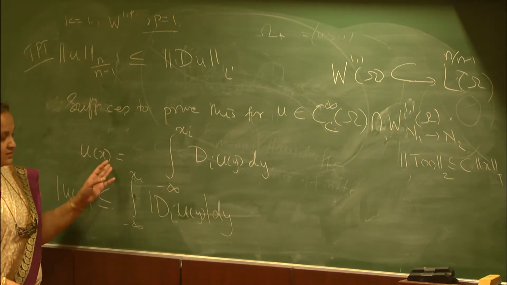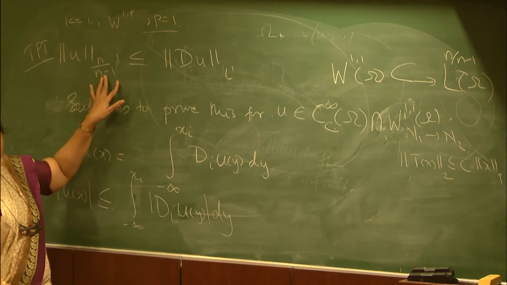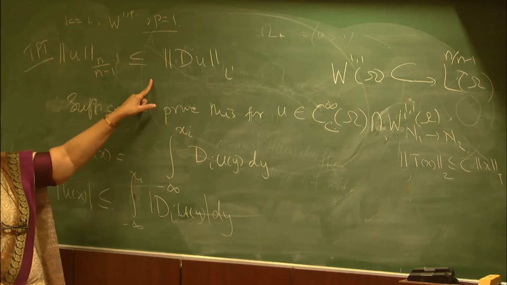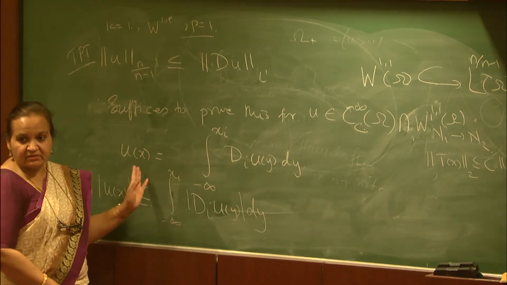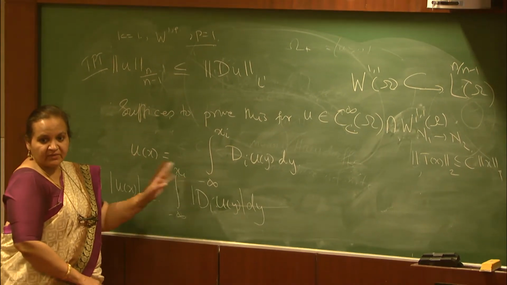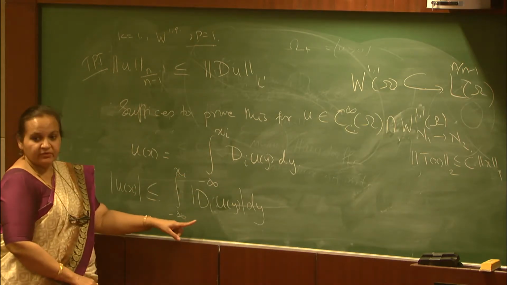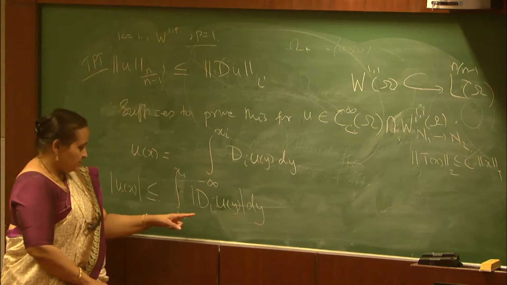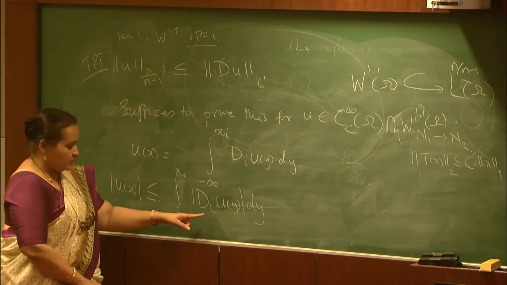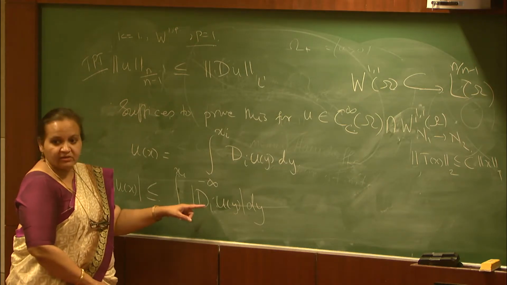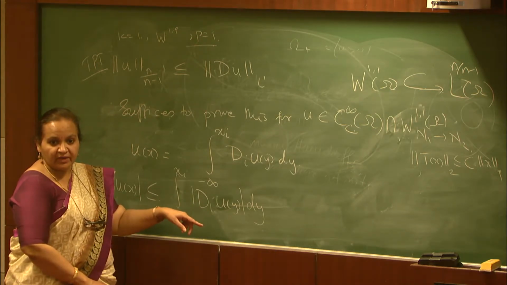Right? In fact, see here, what do we want to do? We want to find a relation between u and the derivative of u. So this is one of the ways we have a relation between u and the derivative of u. So we just take the absolute value, we get this. So here, because we want to get all derivatives, i goes from 1 to n.